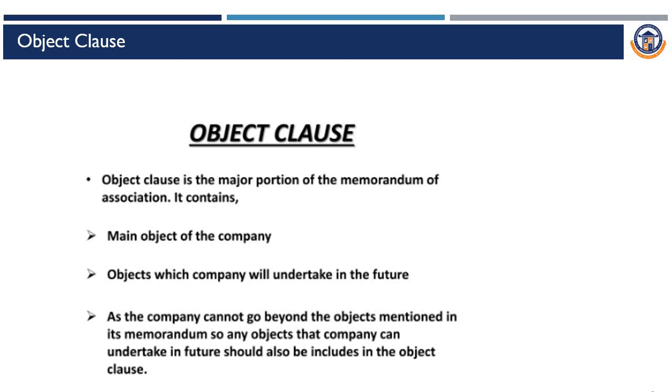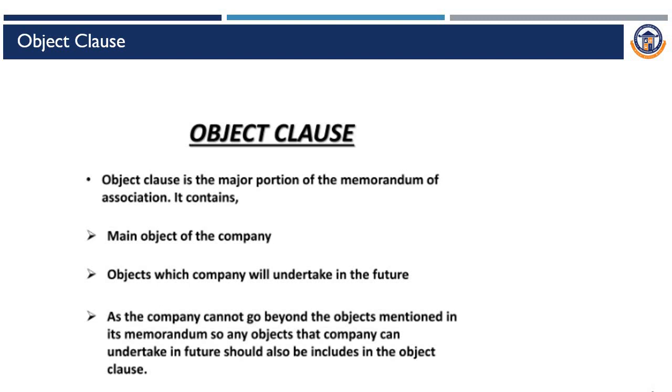Object clause is a major portion of a Memorandum of Association. It contains the main objectives of the company, what you have formed the company for. That means the objects which a company will undertake in the future should also be available in this document. As of now, this is the objective of your company in the present scenario, but what objects will you be undertaking in the future?